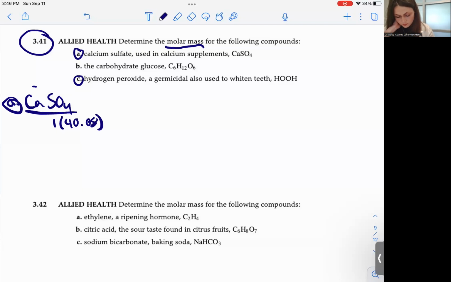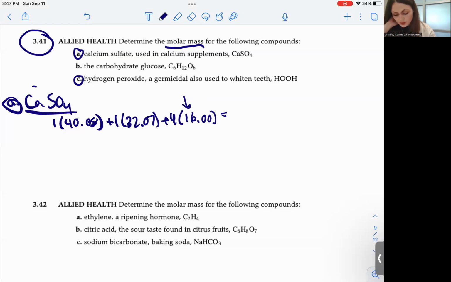Then you're going to add that to 1 sulfur, which is about 32. And then 4 oxygen. You're going to use oxygen so much, you're really just going to know the average atomic mass after a while.